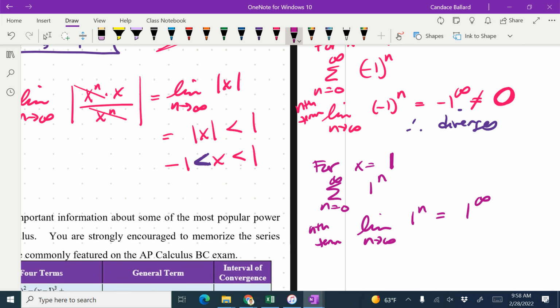So again, it's going to be like 1 to infinity, which does not equal 0. So what happens? I heard Stephanie say it. Diverges again, right? So our interval stays open on both ends. All right, we're going to call it good right there, and we will finish up that last one.